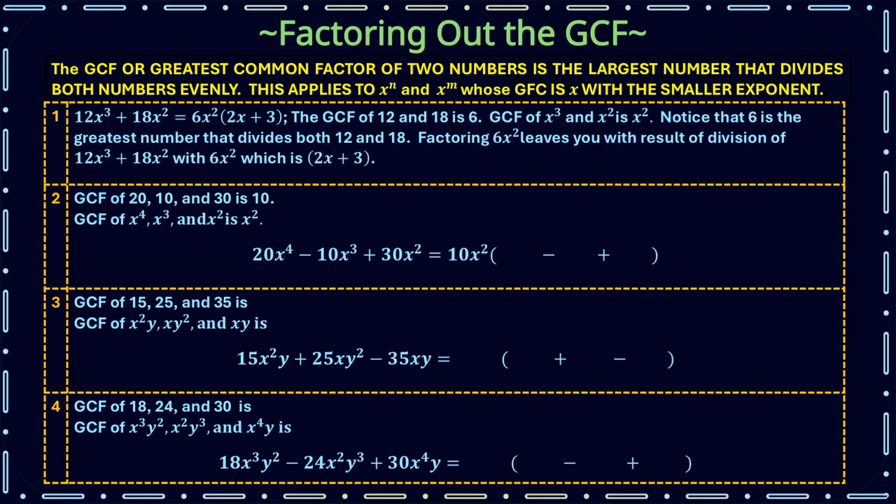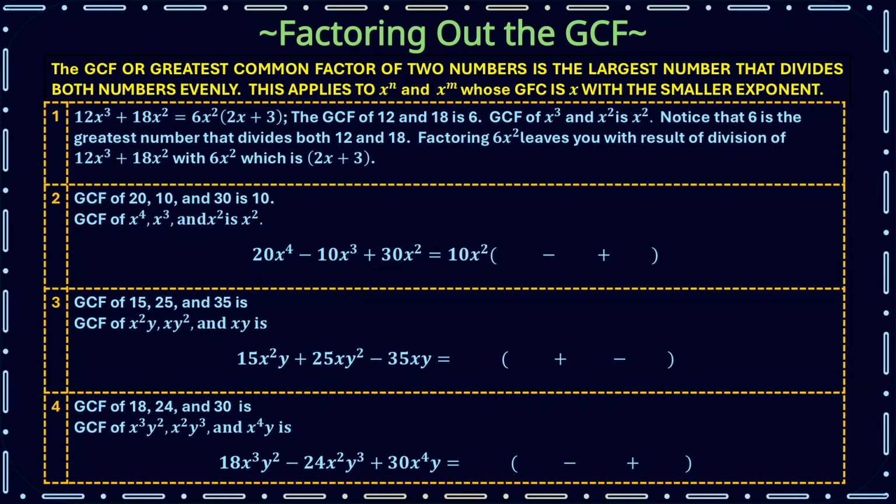Let's look at the next problem. We have a trinomial. Here, the coefficients are 20, 10, and 30. Their GCF is 10. Again, 20, 10, and 30 have another common factor such as 5, but that's not the largest.